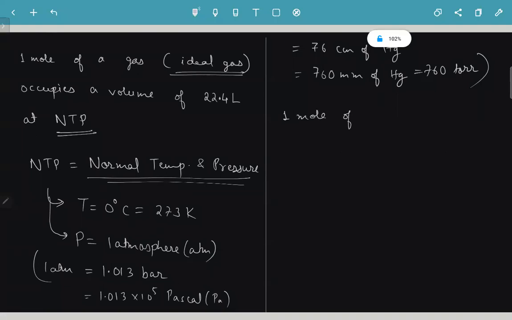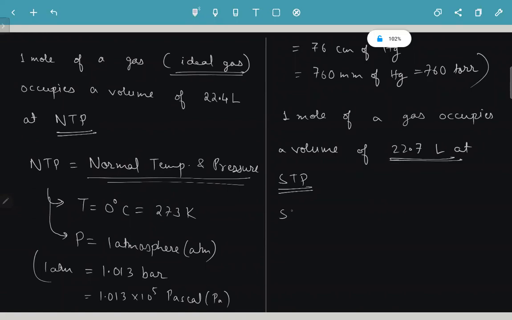1 mole of a gas occupies a volume of 22.7 liters at STP. STP is slightly different from NTP.